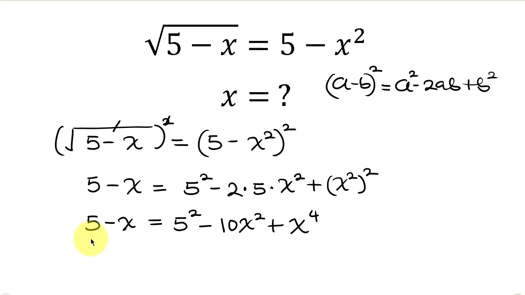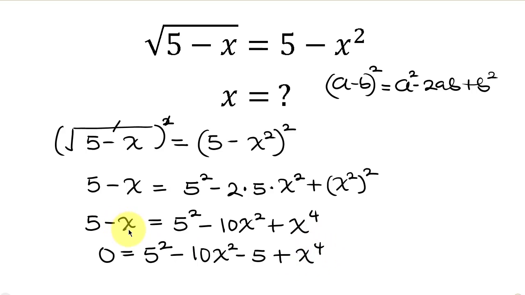Very good. Now our next step will be for us to move 5 minus x to the right hand side. So we have 0 left on the left hand side to be equal to, now this is 5 squared minus 10x squared. Now I'll be moving this 5. So when I move 5, it becomes minus 5. And then plus x to the 4th. Now let's move this negative x.